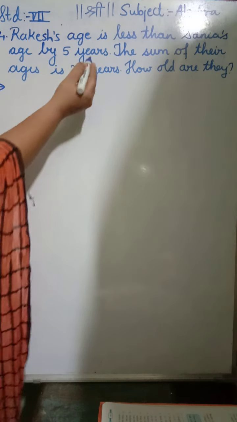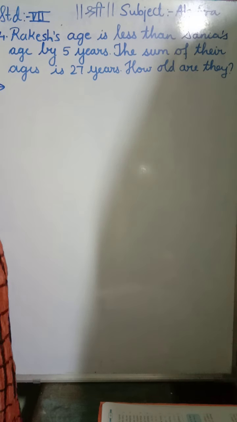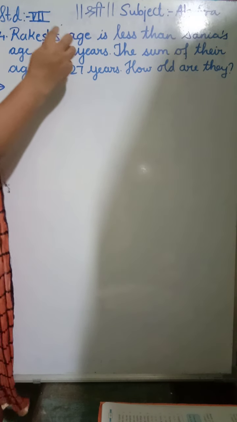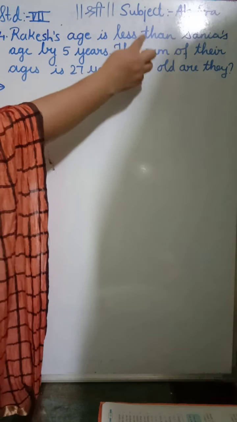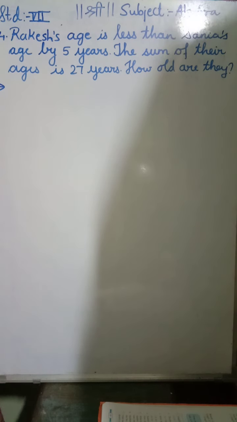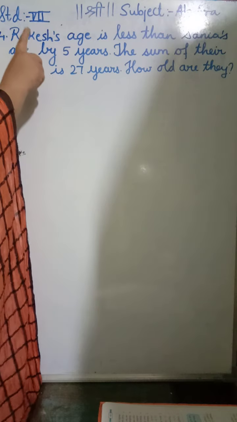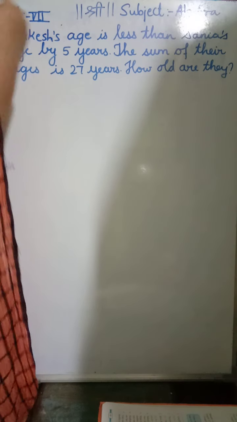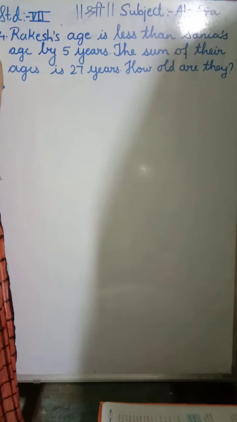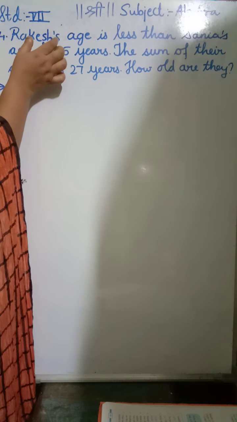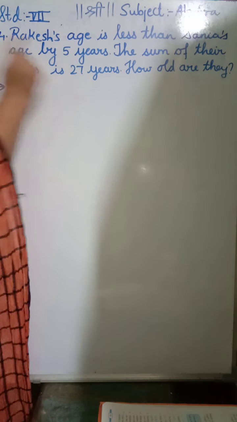See children, in the first statement, they are telling us that Rakesh's age is less than Sania's age. Means who is elder? Sania. And who is younger? Rakesh. Elder means bigger. Then, by how much is Rakesh less? By 5 years.